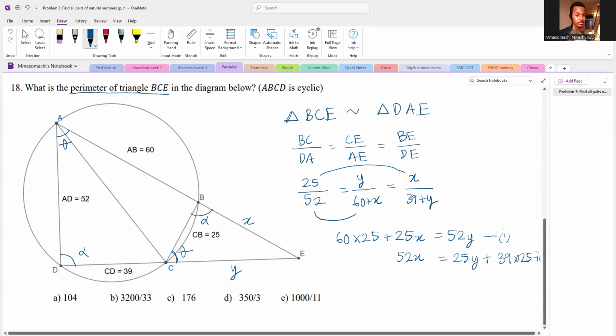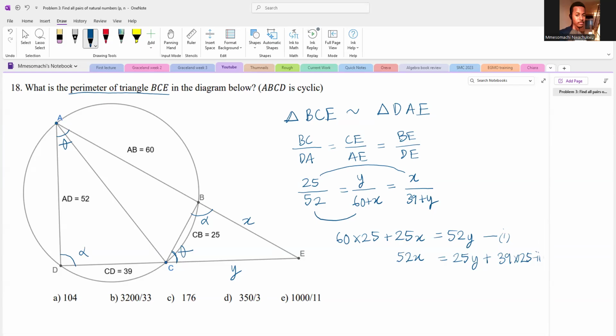Now we can subtract these two equations. So we have 60 times 25, then 25 minus 52, that's going to be minus 27X, and 52 minus 25Y, that's going to be 27Y, and then it's just going to be minus 39 times 25.